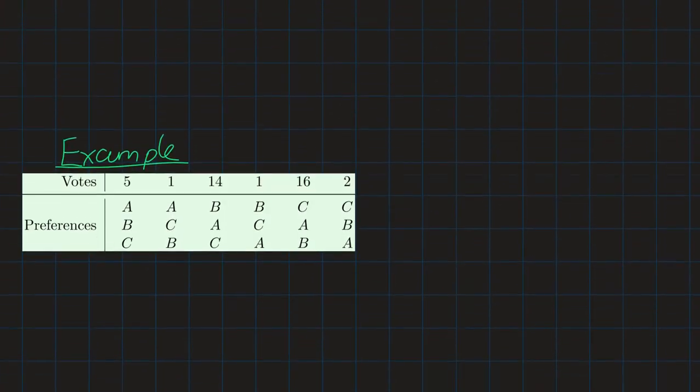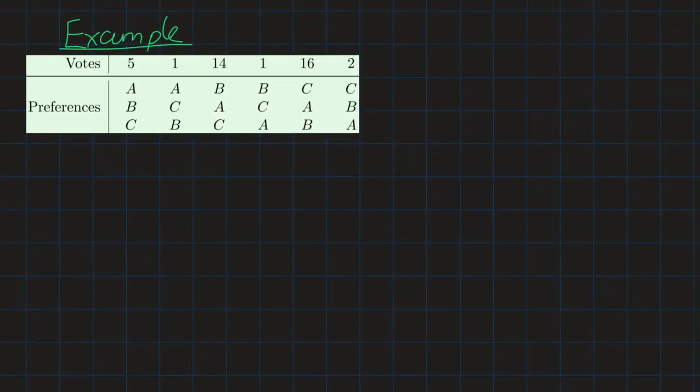So let's just do an example right here. Here's some voting profile. The first thing I want to think about is, does it have a Condorcet winner? So I'm going to consider a bunch of head-to-heads. In A versus B, A is going to get 5 plus 1 plus 16, which is 22, and B is going to get 14 plus 1 plus 2, which is 17.